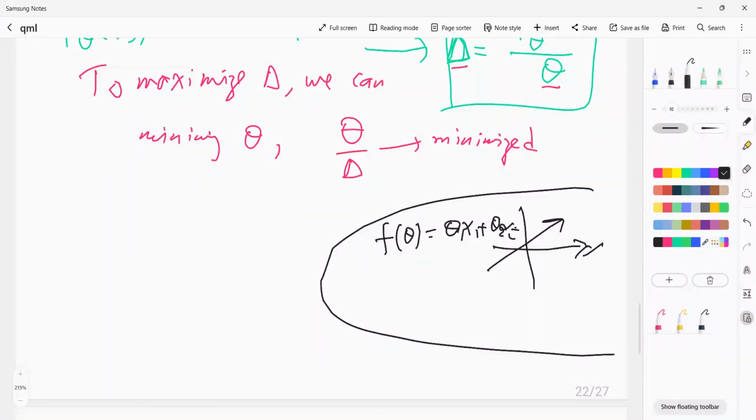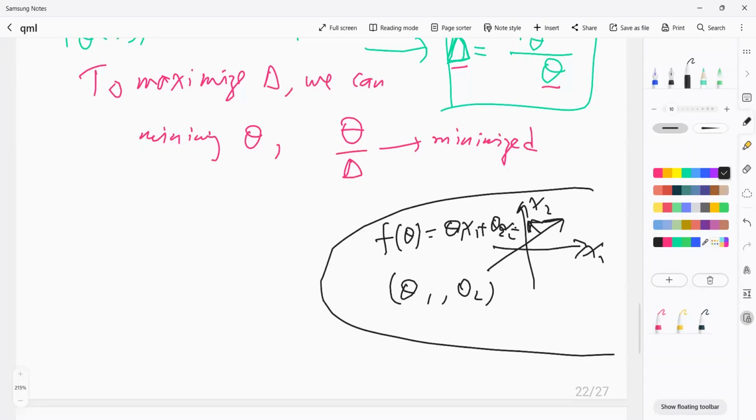Let's say this is x1, this is x2, and this is the equation of this line. We can see that if we make a vector from this theta 1 and theta 2, this vector will be perpendicular to this line.